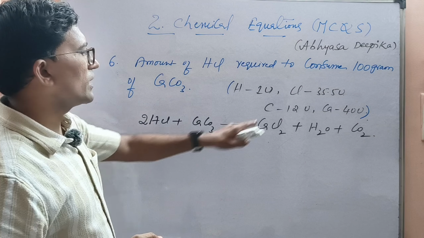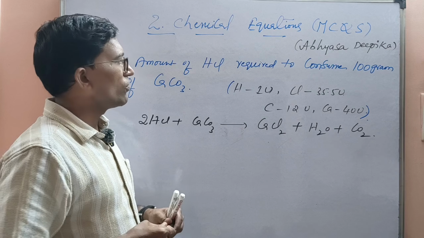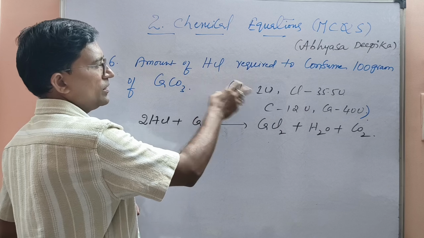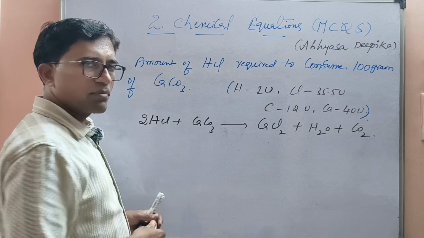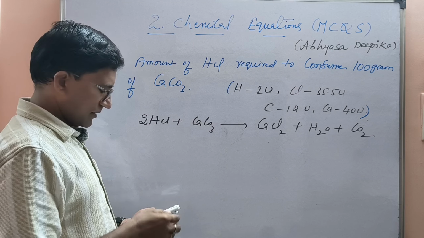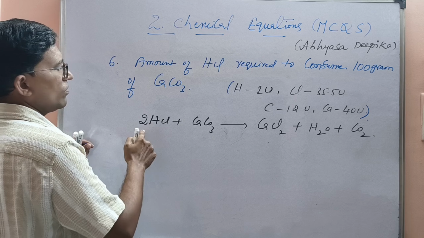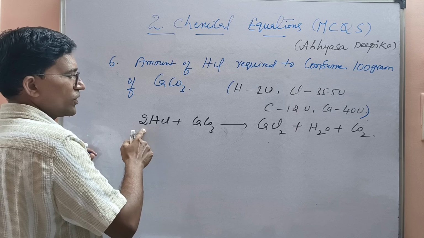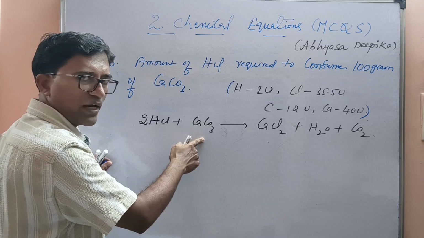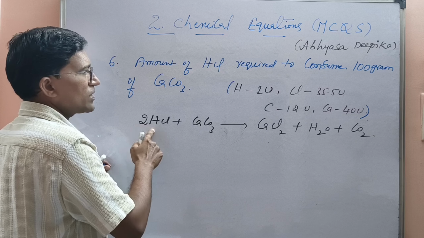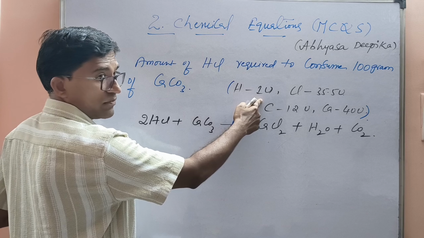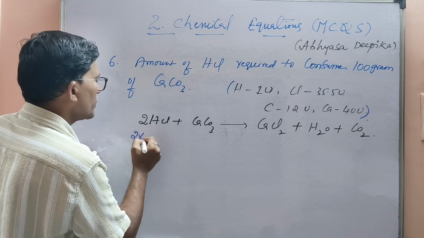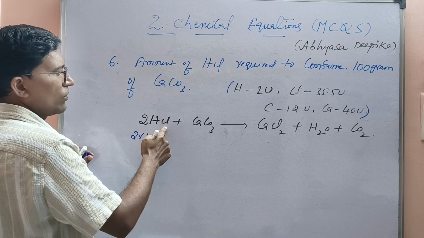Now, atomic masses were given, so before solving this question we write the molecular masses here by using these atomic masses. In this formula, 2HCl is there, so we are taking 2 molecules of HCl going to react with 1 molecule of calcium carbonate. 2HCl means 2 hydrogens. Hydrogen atomic mass given is 1, so 2 into 1, plus chlorines, how many? 2.